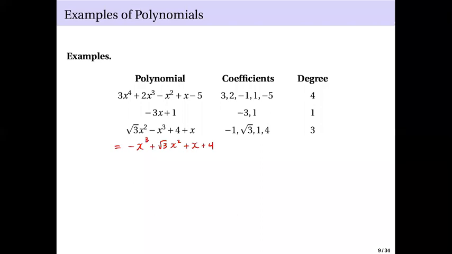Okay? And written this way, you'll see the coefficients. You have -1 because of this. Then you have square root of 3. Then +1. And then +4. Okay? Questions so far?